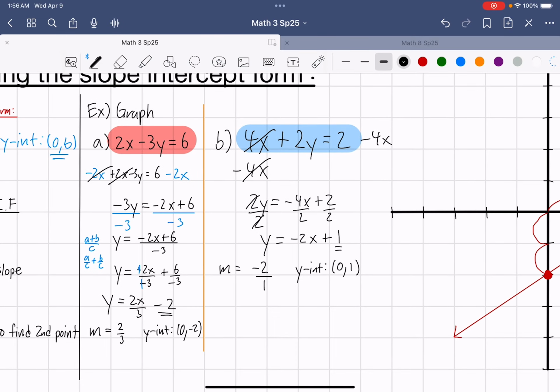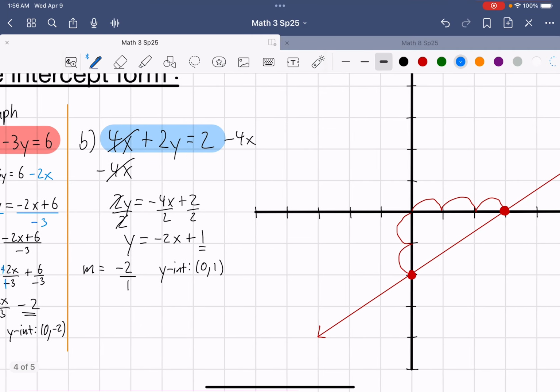All I need to do now is plot my point at 0, 1. And then my rise, it doesn't go up. Since it's negative, I'm actually going to go down 1, 2. And it's a run of 1, so that means I'm going to go to the right 1.